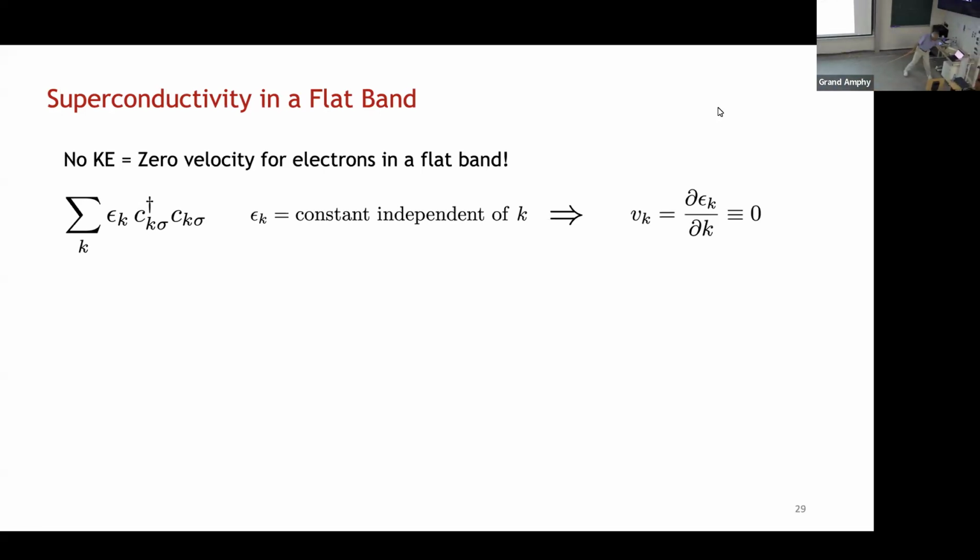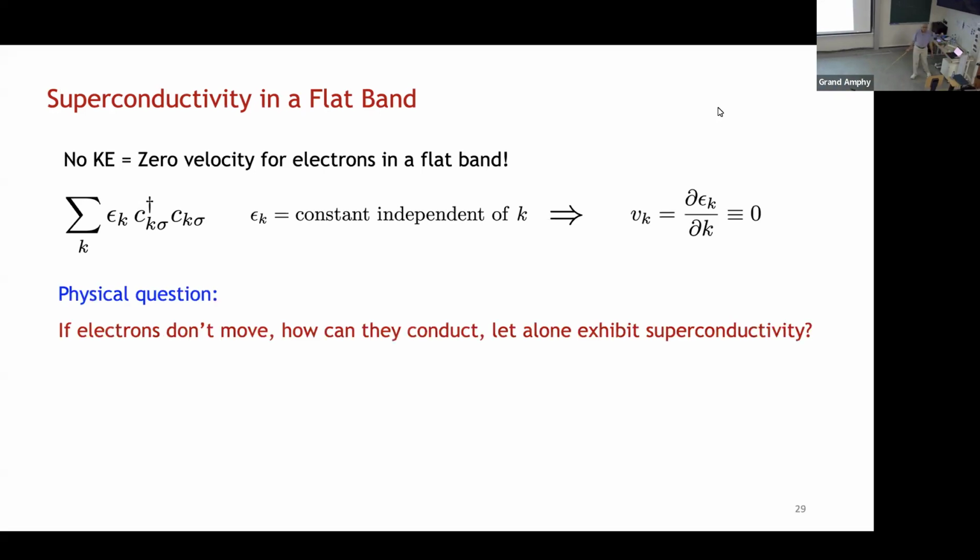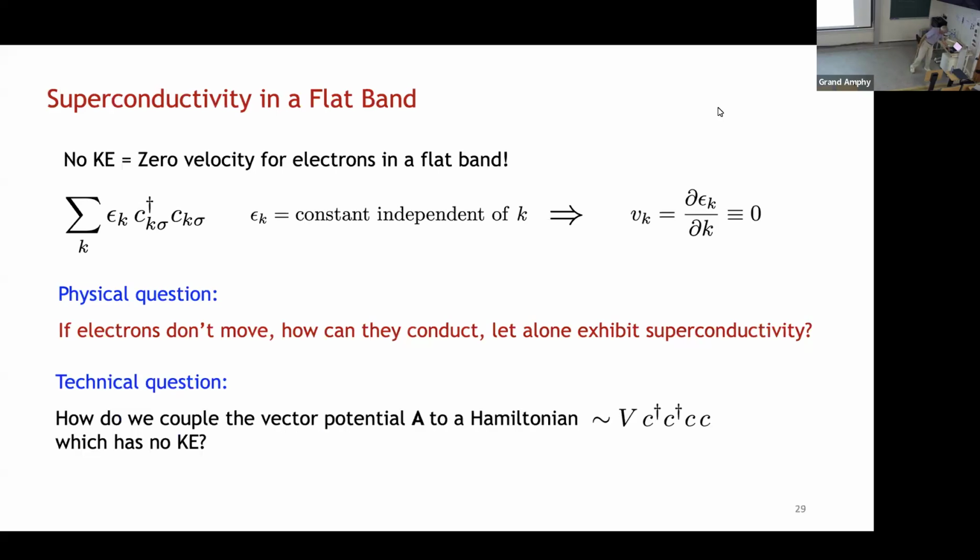Okay. Now, two questions arise. The physical question arises: if the electrons don't move, they cannot conduct. So why are you asking the stupid question of superconductivity? Okay, that's the physical question which we need to answer. And there's a technical question that if you want to talk about superconductivity in terms of the superfluid stiffness or the delta function in the optical conductivity, you have to couple a vector potential.